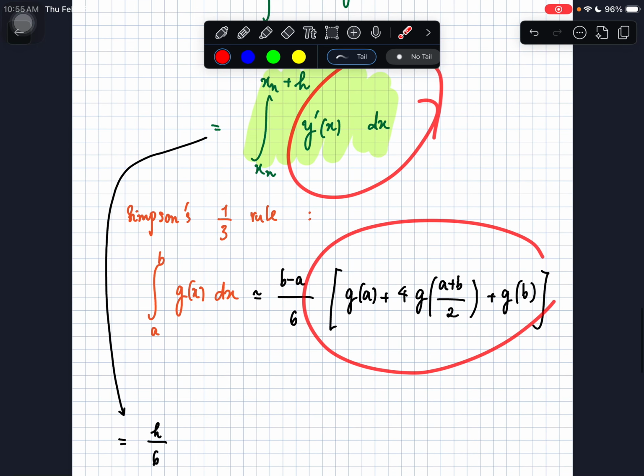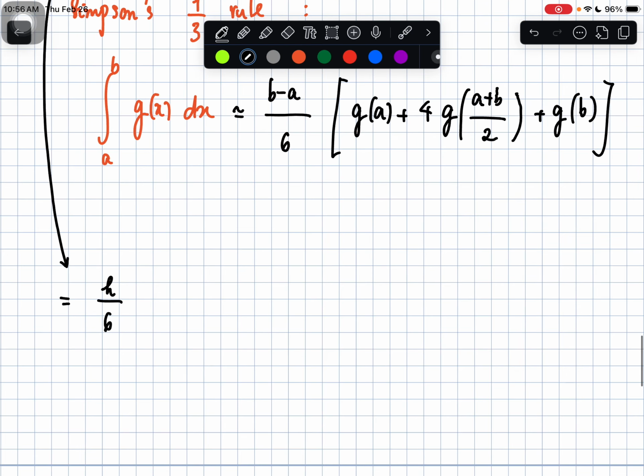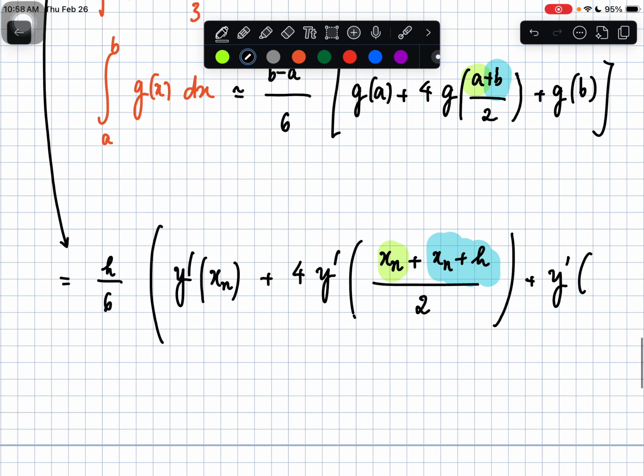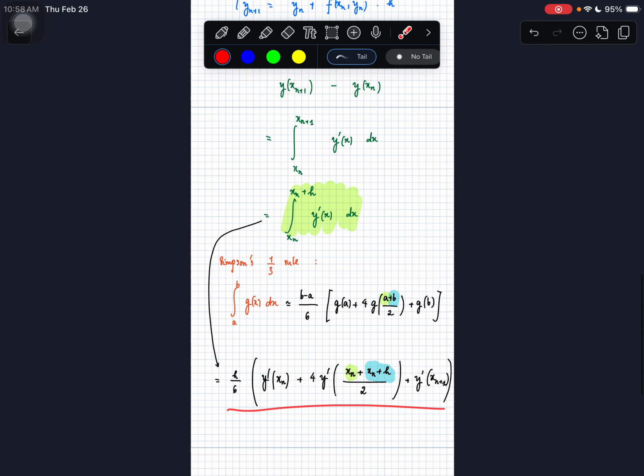Here you think of y prime as g: y prime at xn, plus 4 times y prime at (xn plus xn plus h) over 2, and you think of a as xn, b as xn plus h, plus y prime at b, so y prime at xn plus 1, xn plus h here. So this is our approximation for this integral.